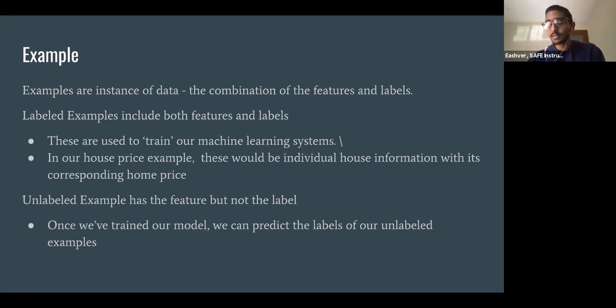Since it's the combination of a feature and a known label, we can use that to predict house prices. Once we've trained our model, we can predict the labels of unlabeled examples, which are examples that have the feature but not the label.